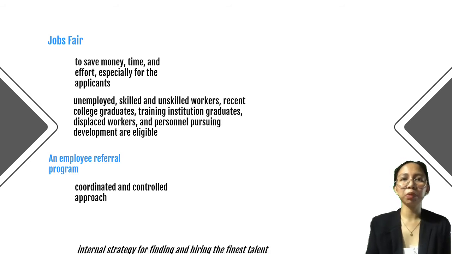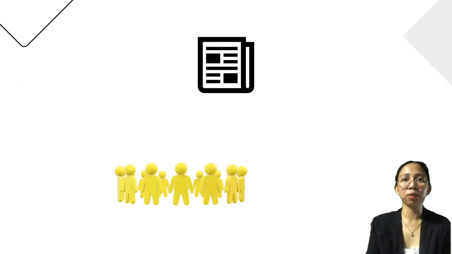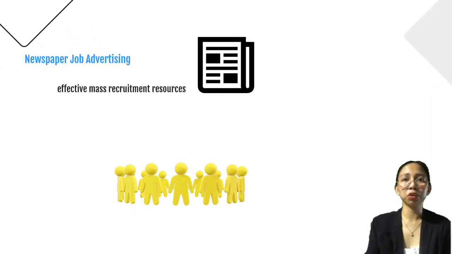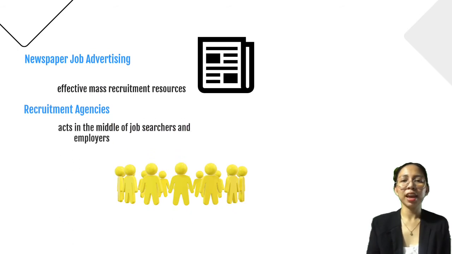Newspaper job advertising is one of the most effective mass recruitment resources in the country or region. Potential applicants may be encouraged to visit the website to apply online after seeing the advertisement in the newspaper. Lastly, recruitment agencies essentially act in the middle of job searchers and employers. They work on behalf of employers to seek qualified individuals and fill job vacancies with the best talent possible.